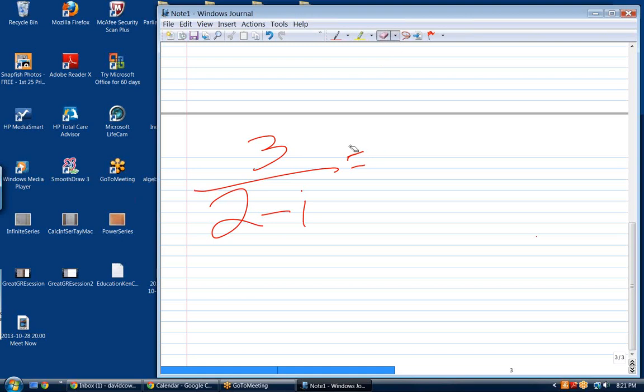So what do I have to do to make this a valid mathematical expression? You have to multiply it top and bottom by 2 minus i. By the conjugate. Notice that if I multiply it by 2 minus i, I get rid of the i in the denominator.